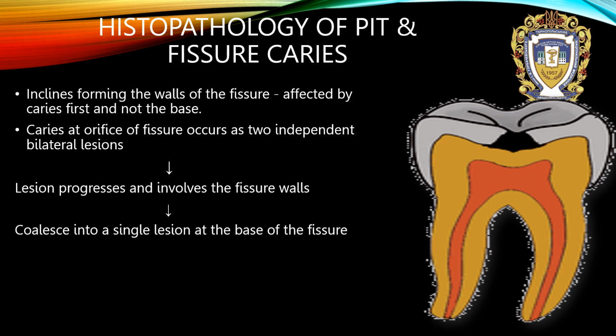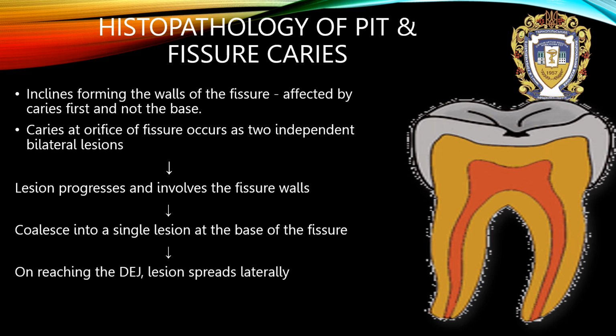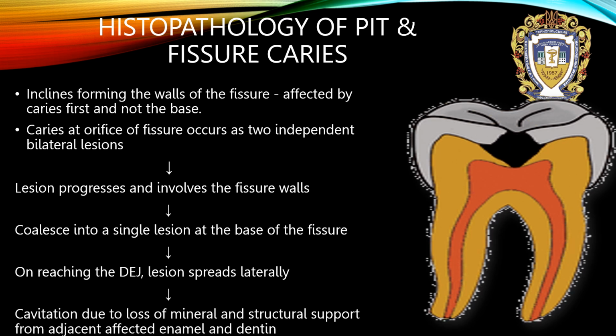Next step, they coalesce into a single lesion at the base of the fissure. Then, on reaching the dentinoenamel junction, the lesion spreads laterally. And as a result, cavitation occurs due to loss of mineral and structural support from adjacent affected enamel and dentine.